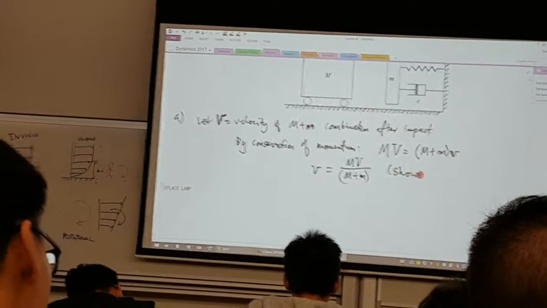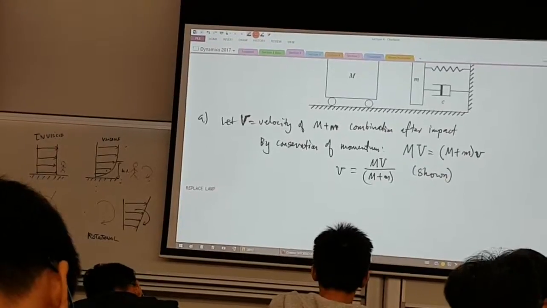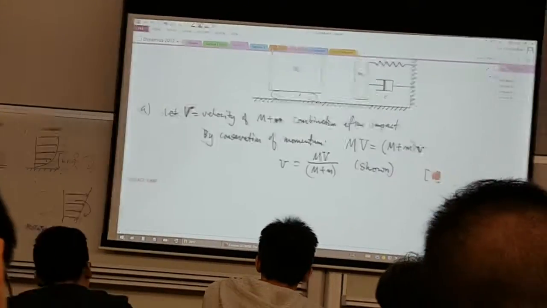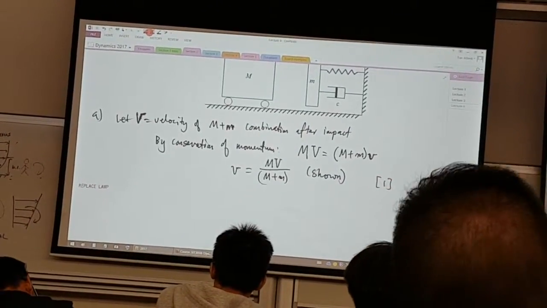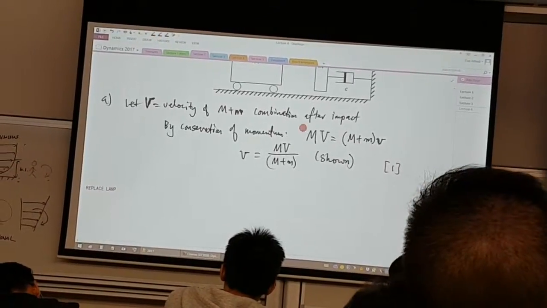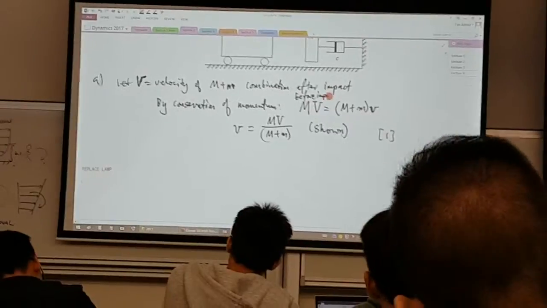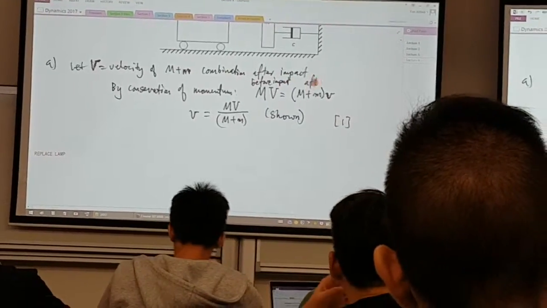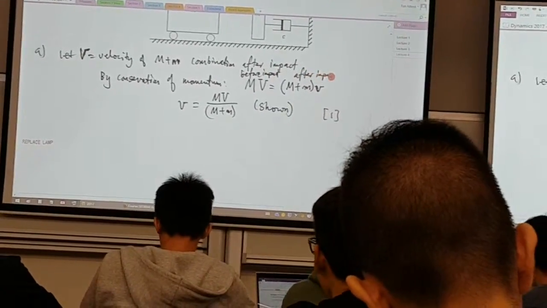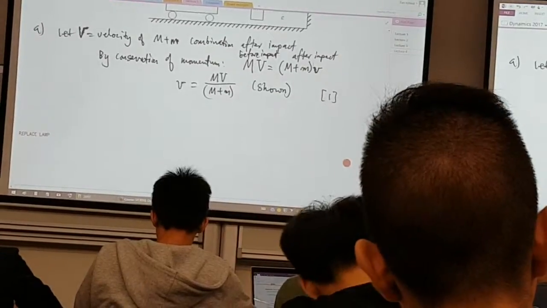And this is short. If you're able to show that, 1 mark. So this is before impact, and this is after impact. So before is equal to after impact, the momentum.